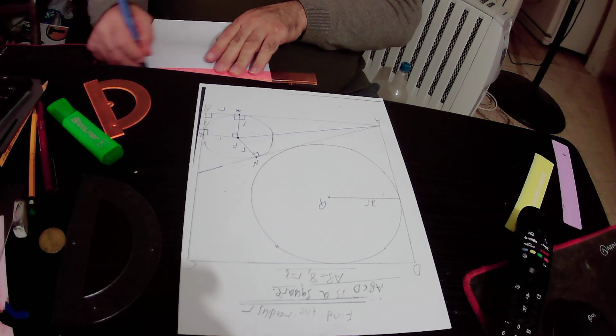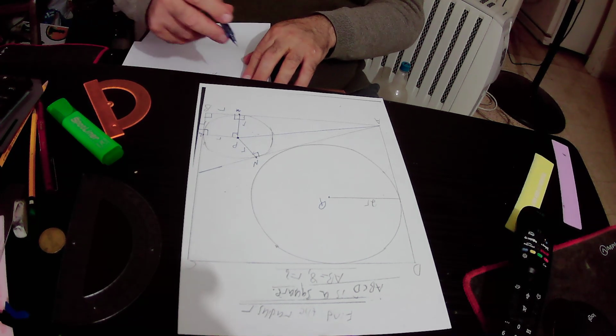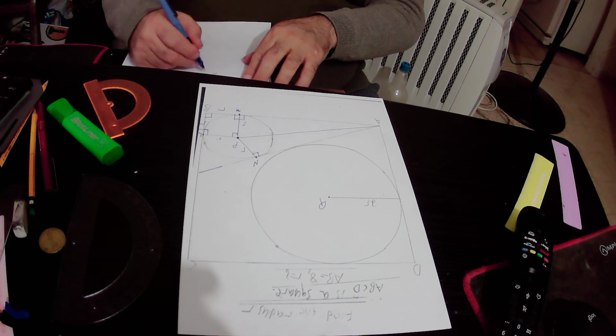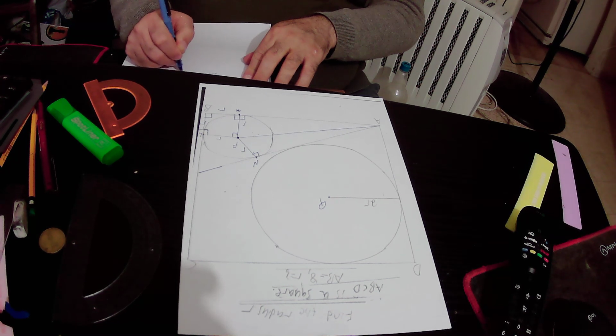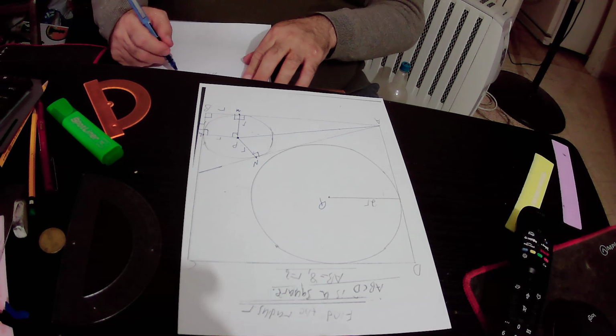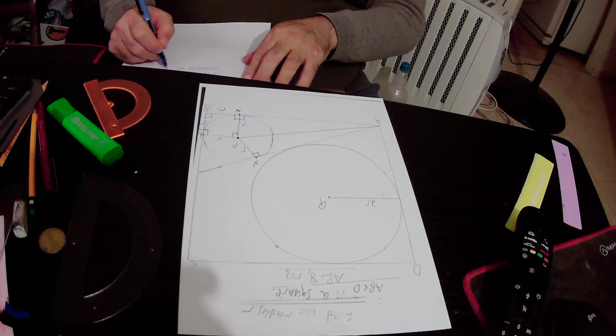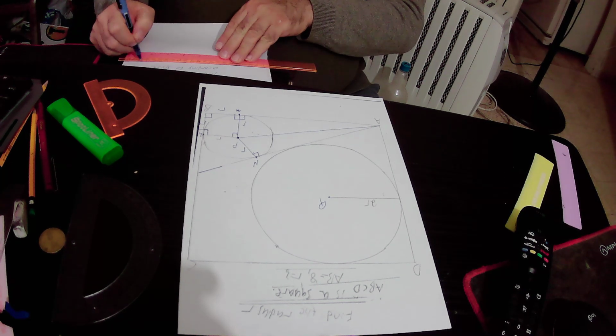So actually the right triangle APM is congruent to the right triangle APN, this right triangle, according to side rule. Okay?